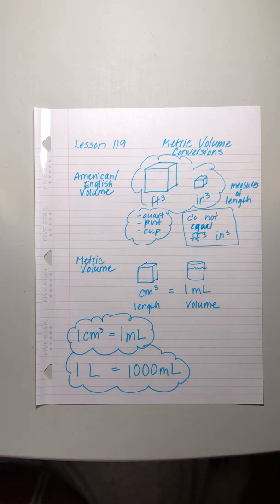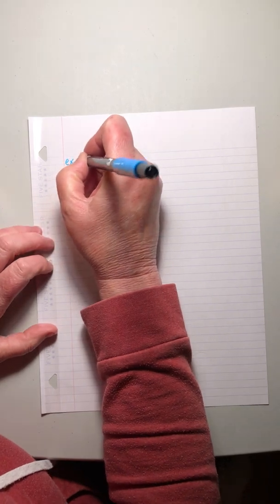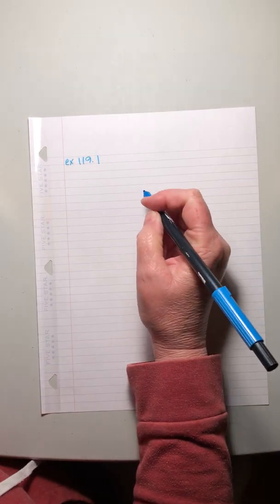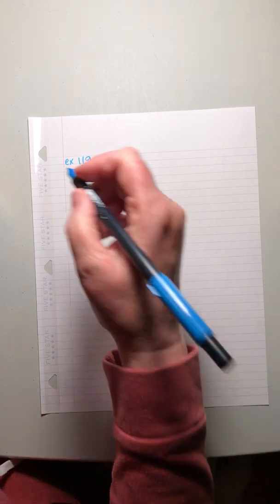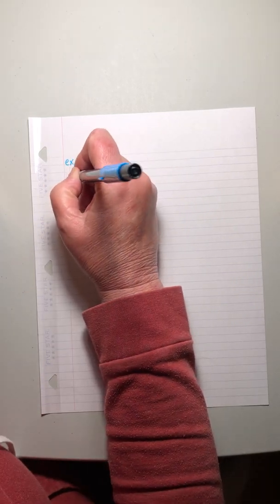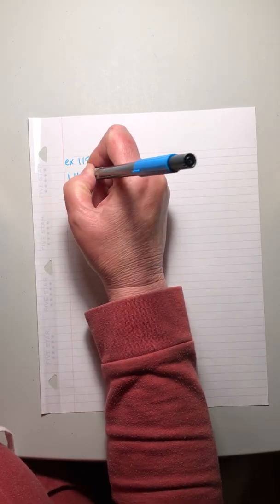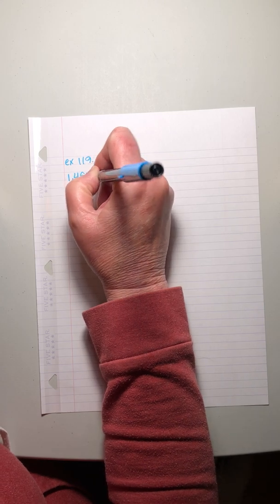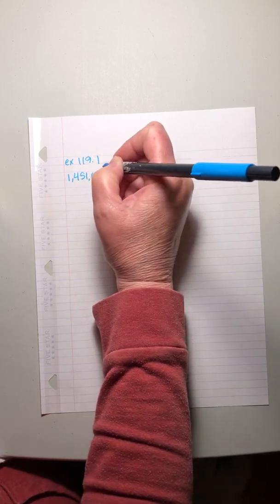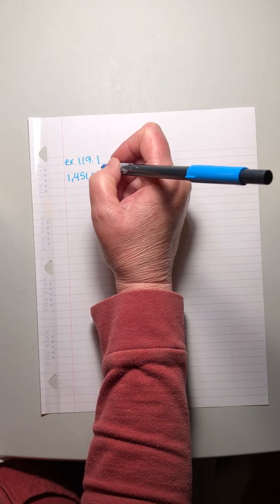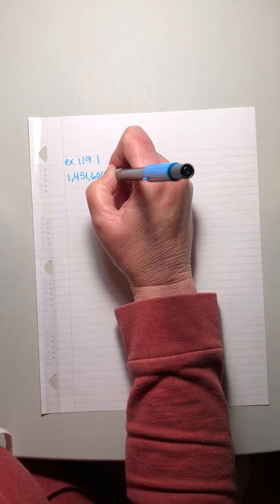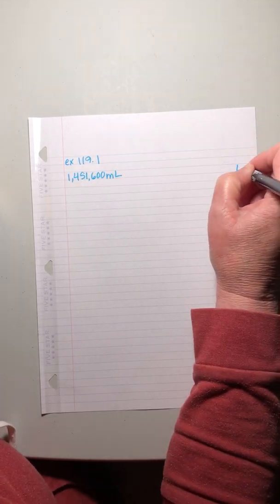The problems will look very similar to what we did yesterday. Let's try the first one. And there are how many? 1, 2, 3. Example 119.1. Convert. Oh, it's a big number, but you know that doesn't hurt us one little bit. 1,451,600 milliliters to liters.